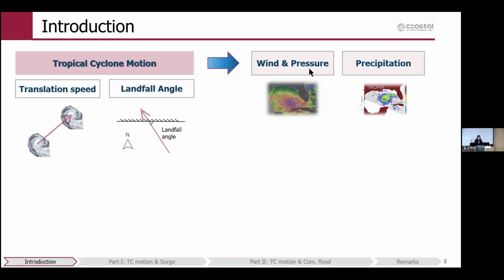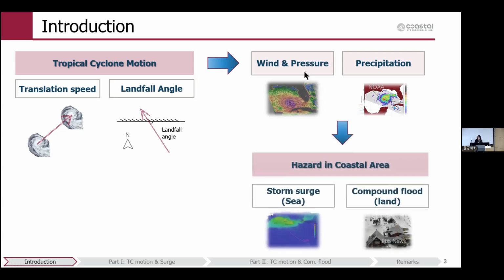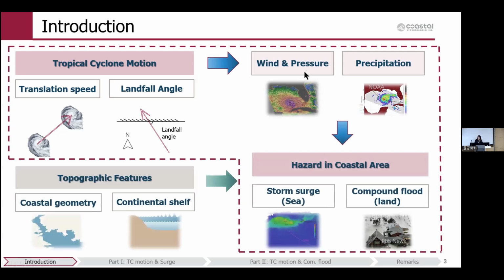These two factors will alter the distribution of the wind and pressure field and also the precipitation field. There are also other factors that affect the storm surge and the flood, such as topographic features, but in this presentation, I will just focus on the tropical cyclone motion features.